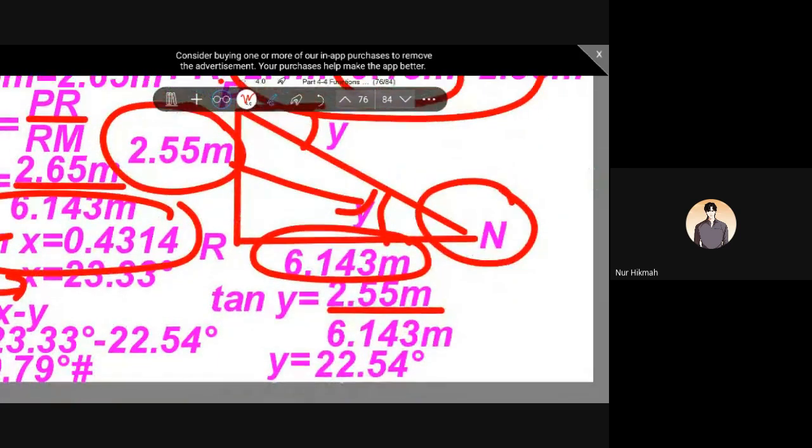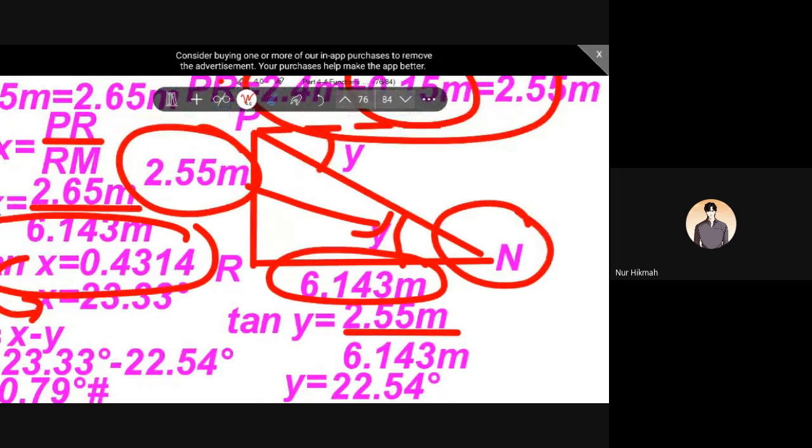So kamu kira you will get this angle is 22.454. So boleh faham how you get angle Y? Sama kaedah macam tadi. Tangent X tu. Same method. Cuma yang ni nilai dia 0.15 kamu tambah. Okay? Can understand?